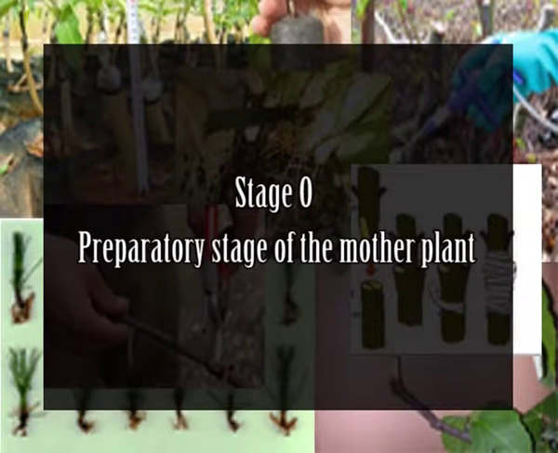Stage 0, preparatory stage of the mother plant. Recently, this stage is proposed to prepare the mother plant to be used as a source. In this stage, the mother plant is grown strictly under hygienic conditions. Mother stock plants are treated with plant growth regulators such as BAP to improve the success in stage first.